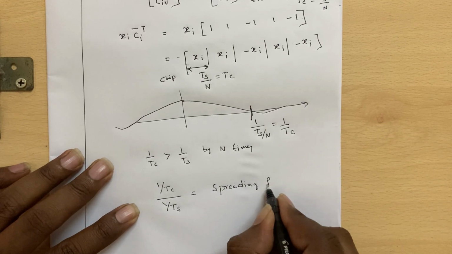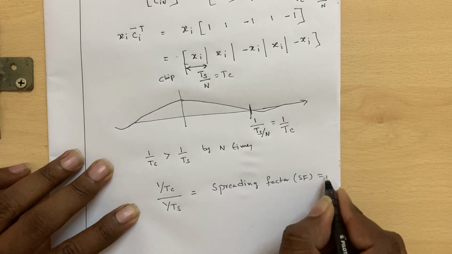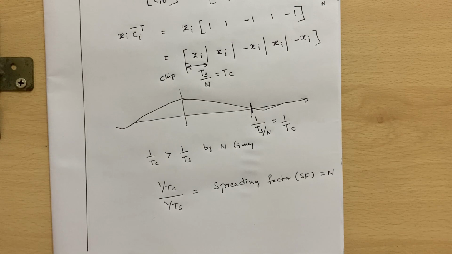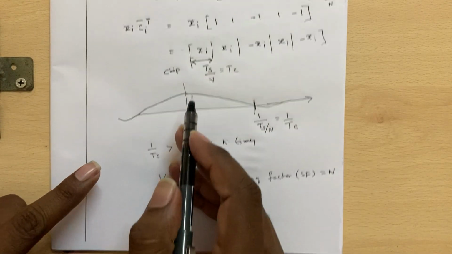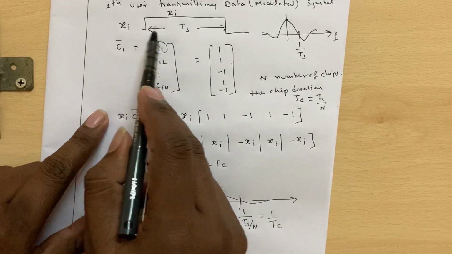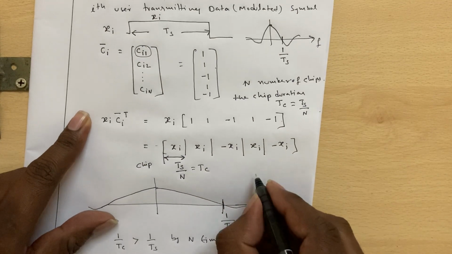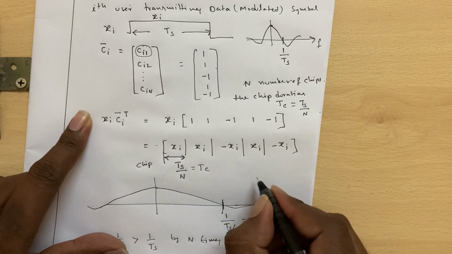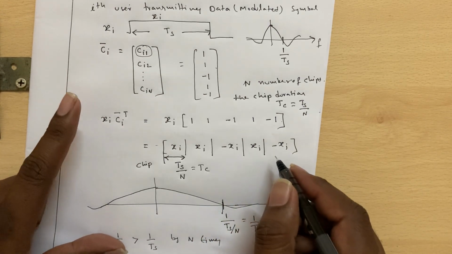You will find this value is equal to n, because Tc is equal to Ts by n, so 1 by Ts is cancelled. In CDMA, instead of one wider pulse, the user transmits shorter pulses, which we call chips. So n chips are communicated instead of one symbol.